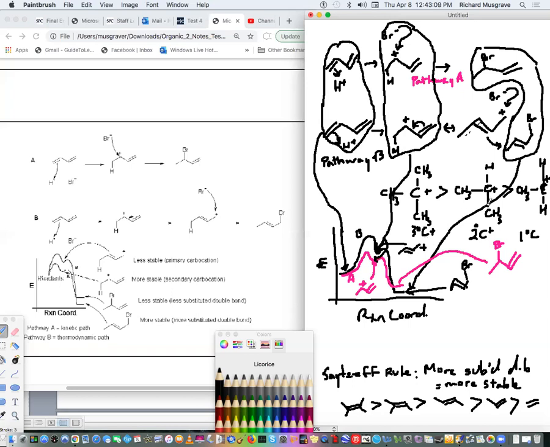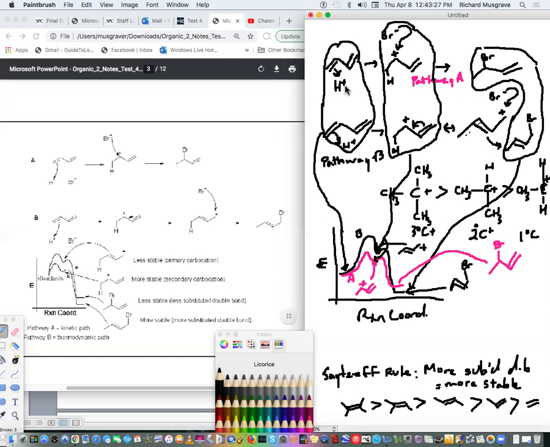And the reason is because the pink one is secondary and the black one is primary. That's why the energy well here for pathway B is higher than the energy well for pathway A. Does anybody have any questions about that?